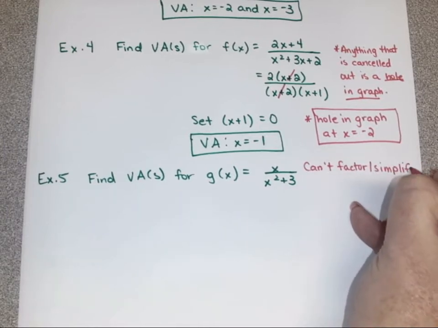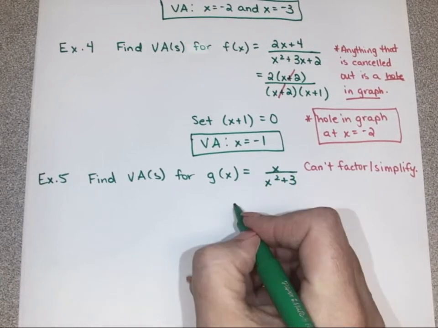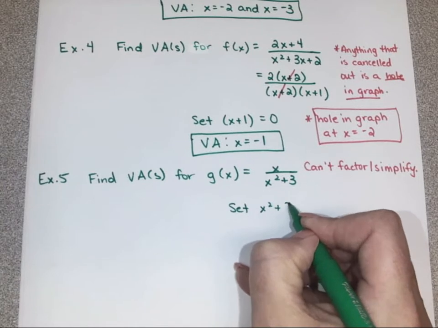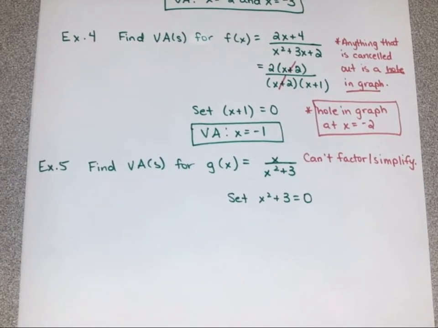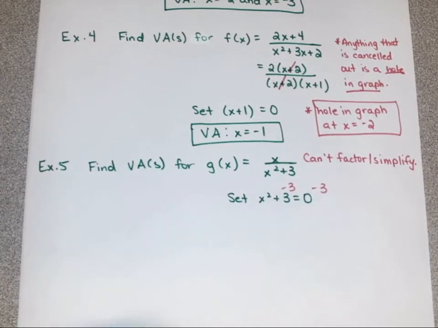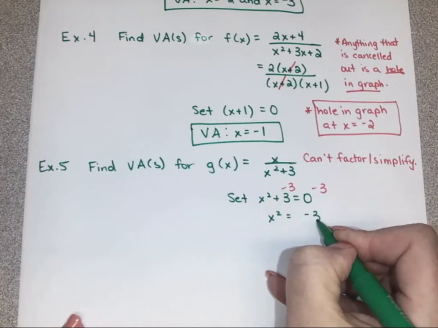So when you can't factor or simplify, you just try to set the denominator equal to 0. So if there's nothing you can do, you're just going to set x squared plus 3 equal to 0. And then let's follow that through and talk about what that means, right? So we're going to subtract 3 from both sides. So we're going to get x squared equals negative 3.